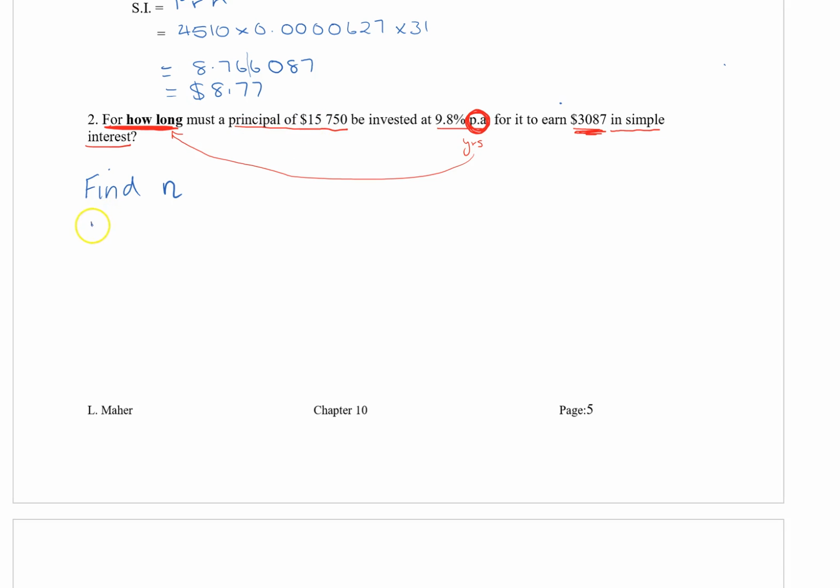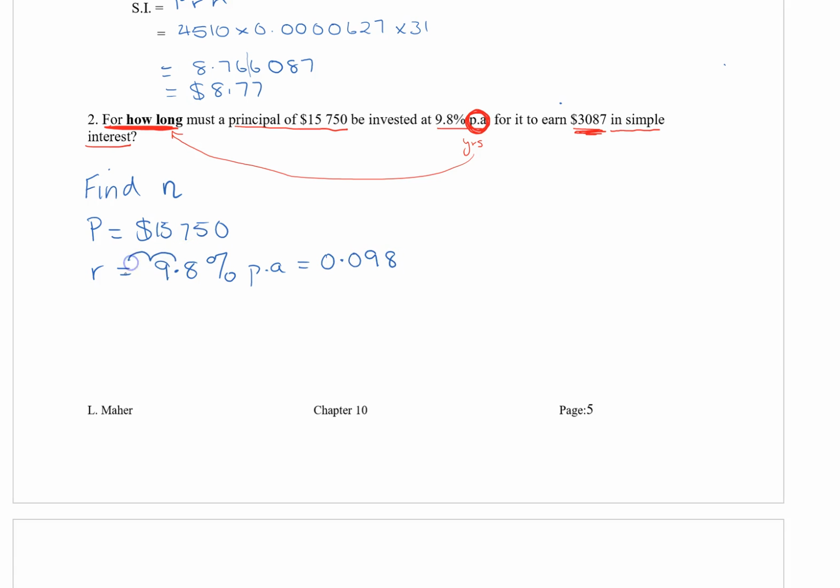Must a principal, so the principal is 15,750, be invested at the rate is 9.8% per annum. All that detail needs to go on. You have to register that it's still in percentage form so that you can change it to decimal form, which becomes 0.098.